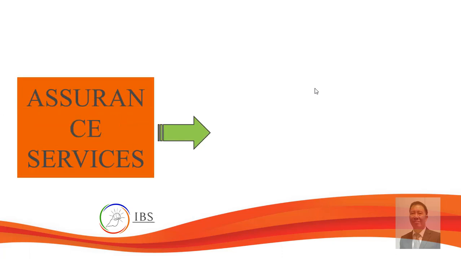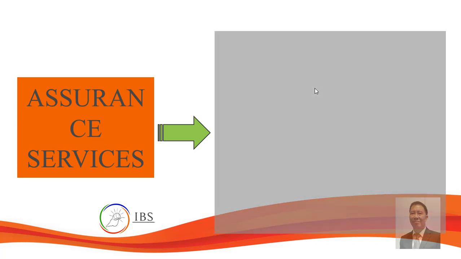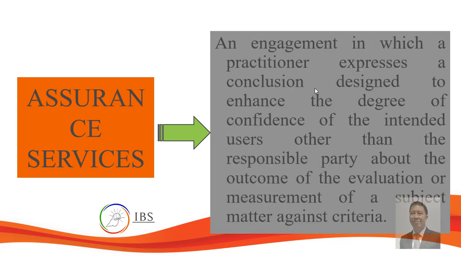When you talk about assurance services, it is where the engagement practitioner expresses conclusions designed to enhance the degree of confidence of the intended users other than the responsible party about the outcome of evaluation or measurement of a subject matter against criteria.